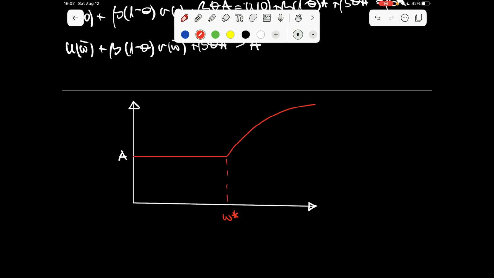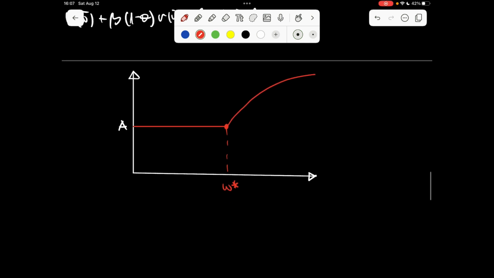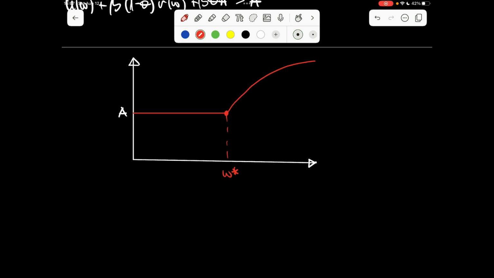So this point of intersection gives us that unique wage that separates the value function into two sections.